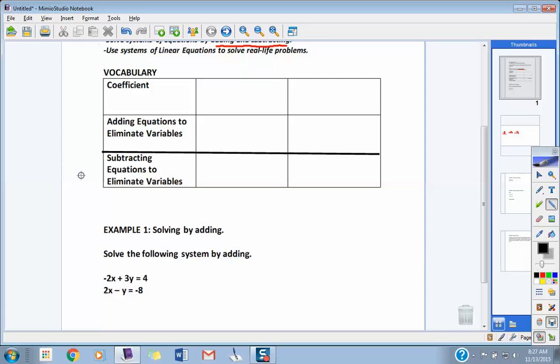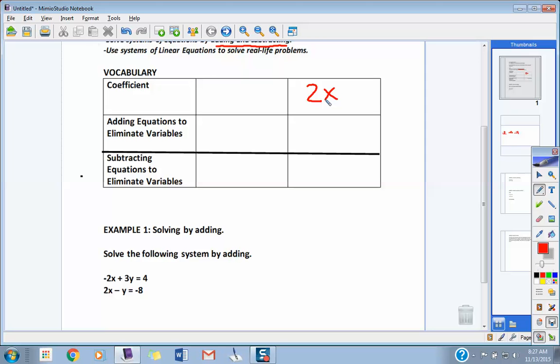All right, coefficient. First one is coefficient. You guys recall what a coefficient is? Yes? No? Yes? How about as an example right here? If I have an example, say maybe 2x, what's the coefficient in 2x? 2. Okay, so it's the value in front of a variable. Yep, so let's write that in.